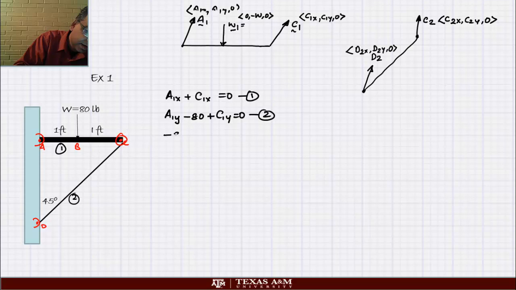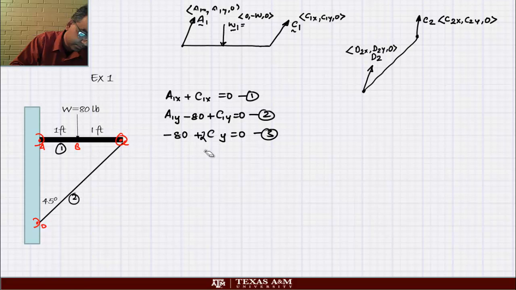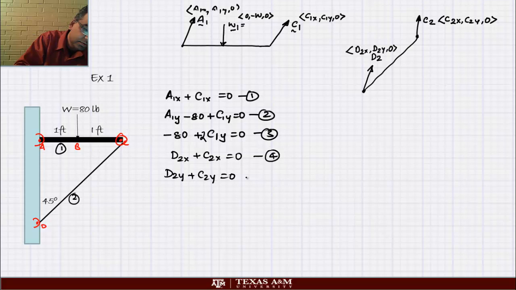Then minus 80 plus C2y equal to 0, this is third equation. Then we have D2x plus C2x equal to 0, that's the fourth equation. D2y plus C2y equal to 0, that's the fifth equation.